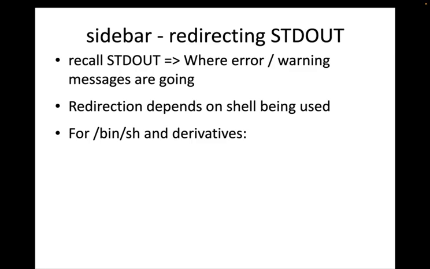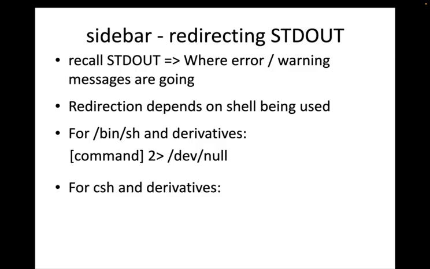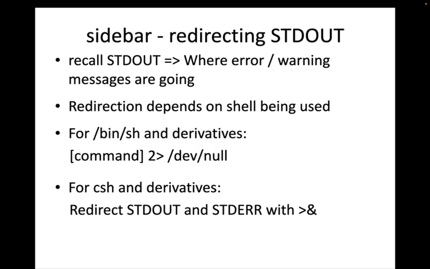So if you are using sh or one of its derivatives like bash, then you are just going to use the 2>, which is really easy to do, and what we saw in the example before. Now, if you're using C shell or one of its derivatives like tcsh, it's a little more of a pain.